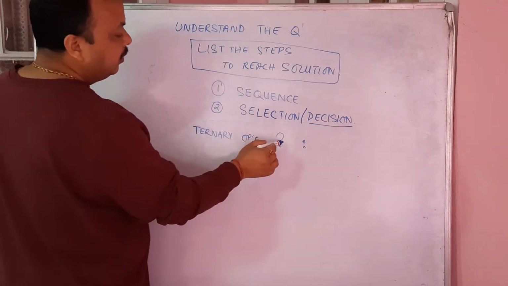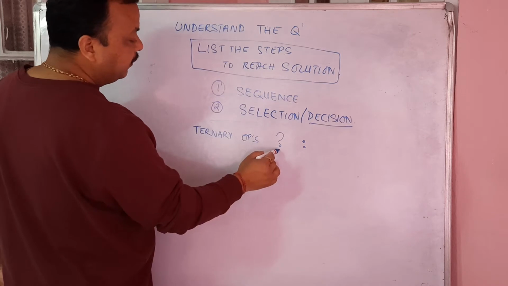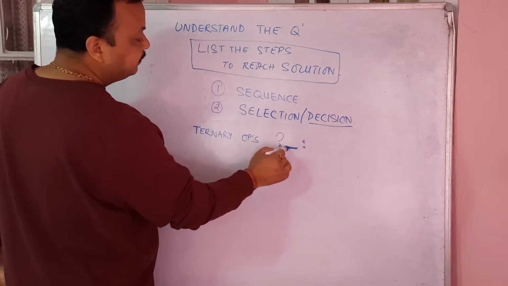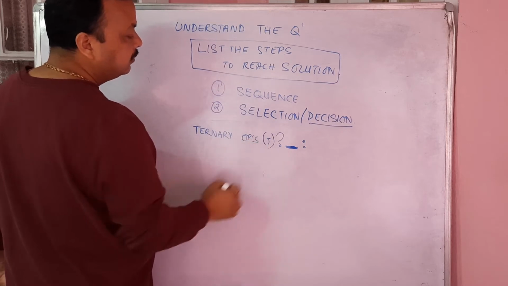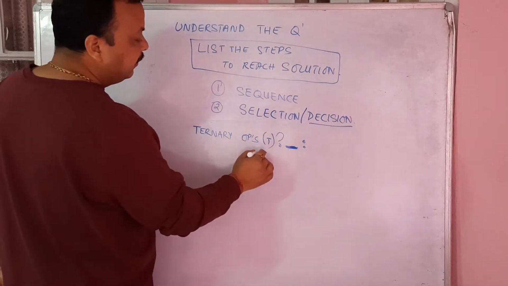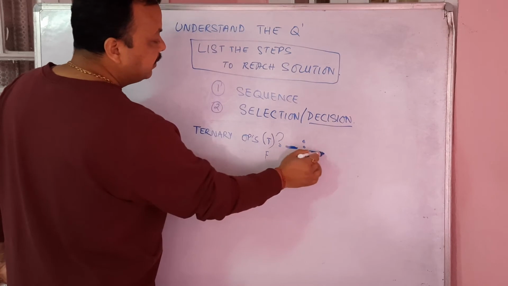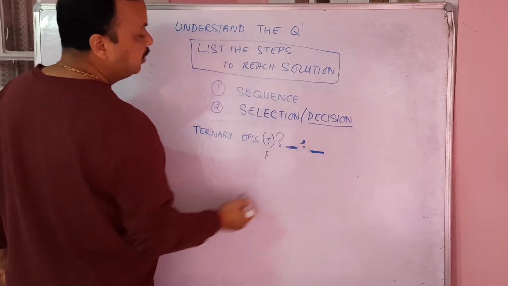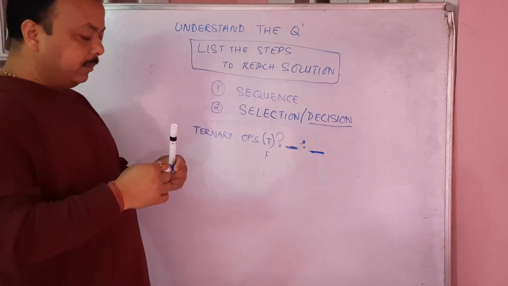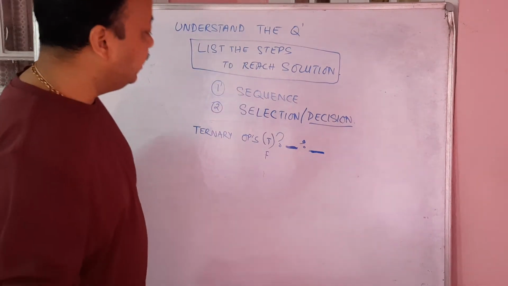So this question mark is used to evaluate an expression when the condition before it comes to true. And if this condition evaluates to false, then the expression after the colon is what is going to be evaluated. So I hope you remember that discussion.